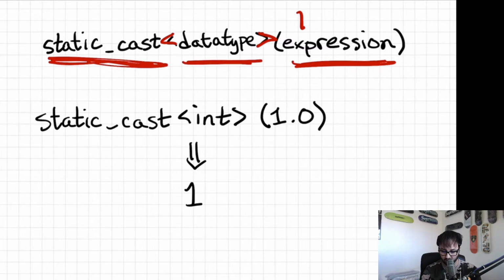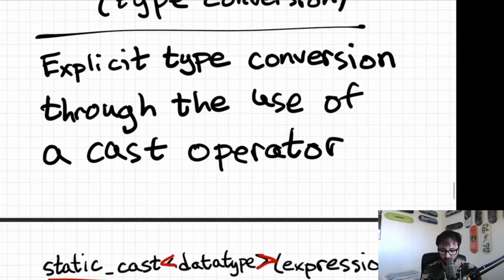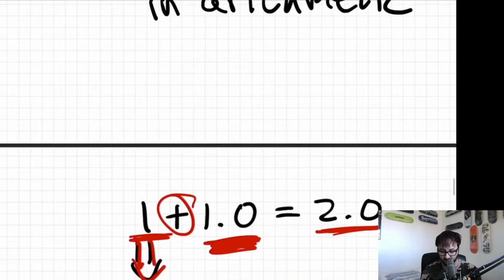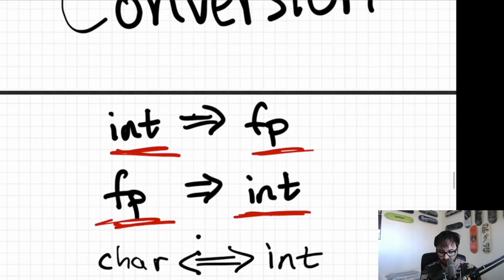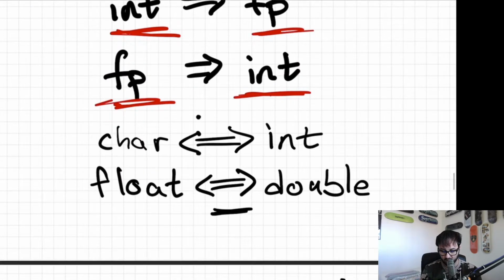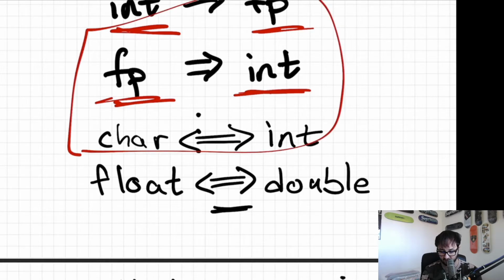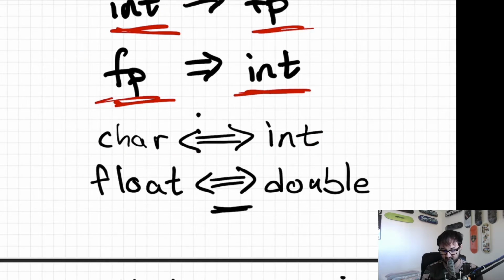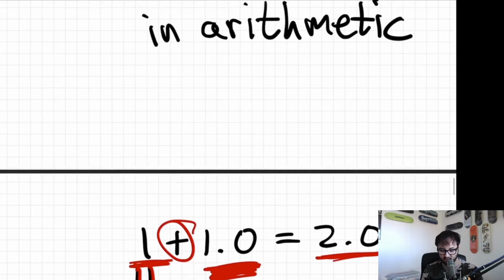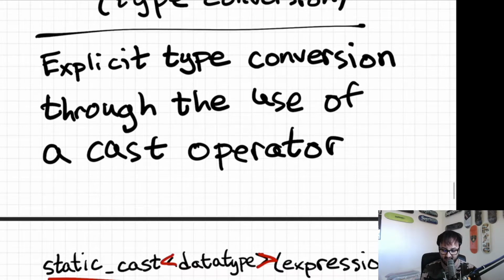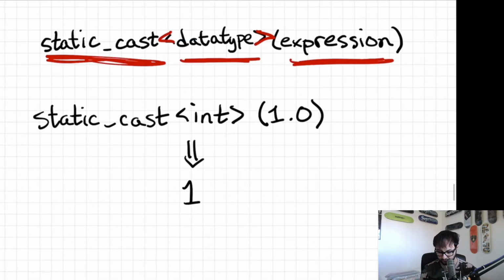As long as you're staying within the proper category, you can static cast them easily, because as you notice, these are both floating points, and these are all integrals.